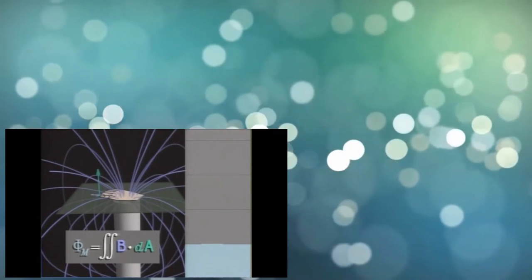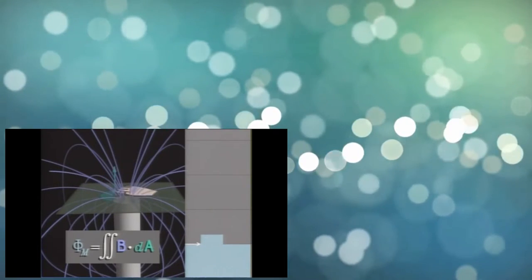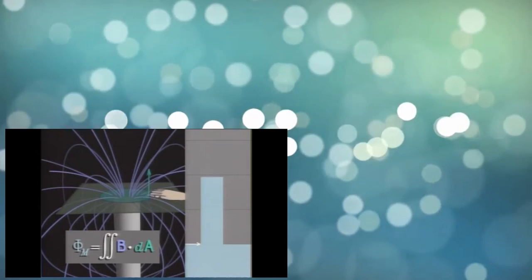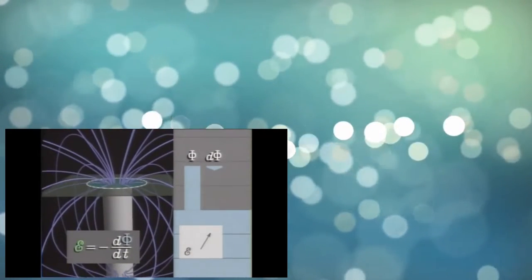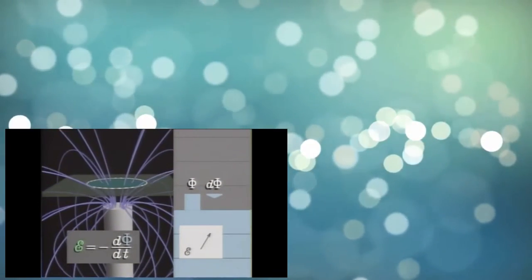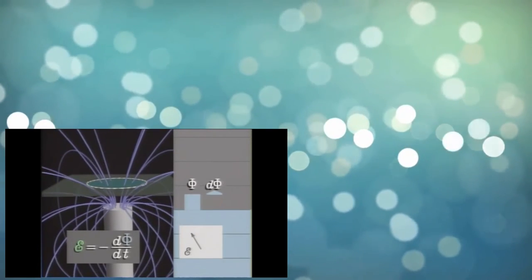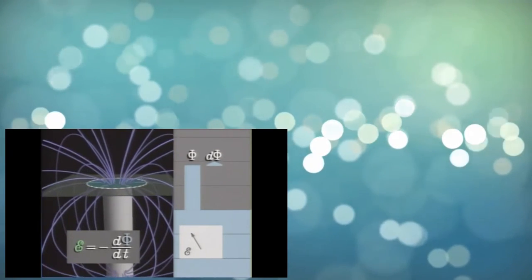Both these ideas can be expressed in terms of magnetic flux. The total magnetic flux through a surface is the integral of the component of magnetic field perpendicular to each bit of area that makes up the surface. As a loop of wire moves through the field of a bar magnet, the flux through the loop keeps changing.